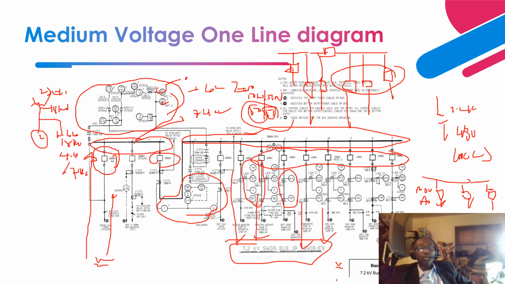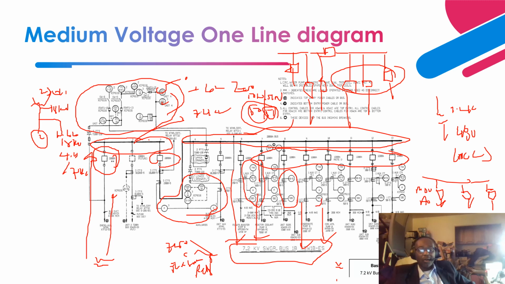Then you should also have sensitive CTs that are able to detect ground faults, because sometimes the fault current is so small that you utilize a flux summation relay or zero sequence relay to be able to detect that small amount of fault current and provide that sensitive fault detection, right?